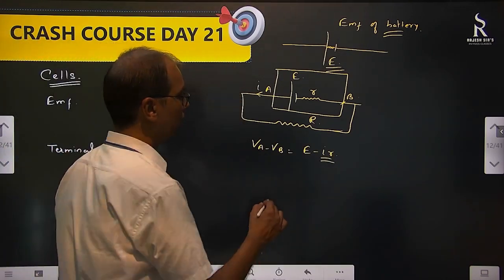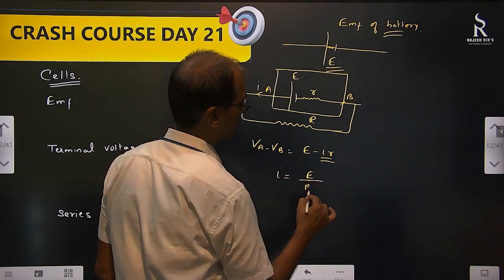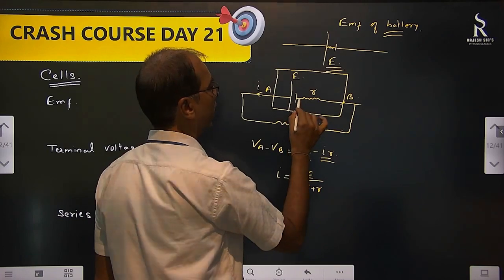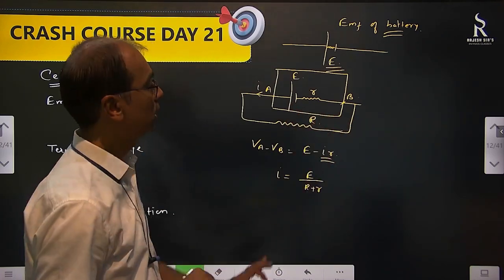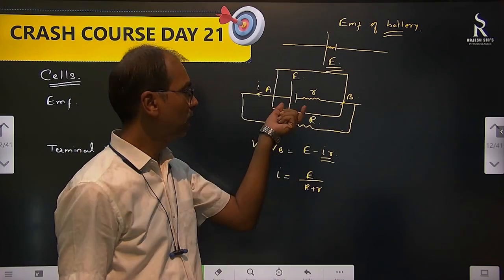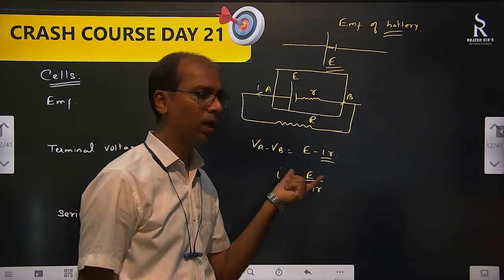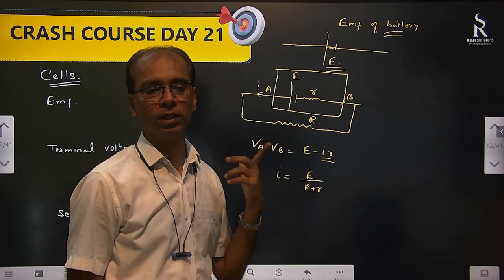And what is I? I is E by R plus r. What is E? EMF. And this internal resistance we calculate along with the external resistance. We say that now the total resistance is R plus r, not only R. So I becomes E by R plus r, and the terminal potential difference is E minus Ir.